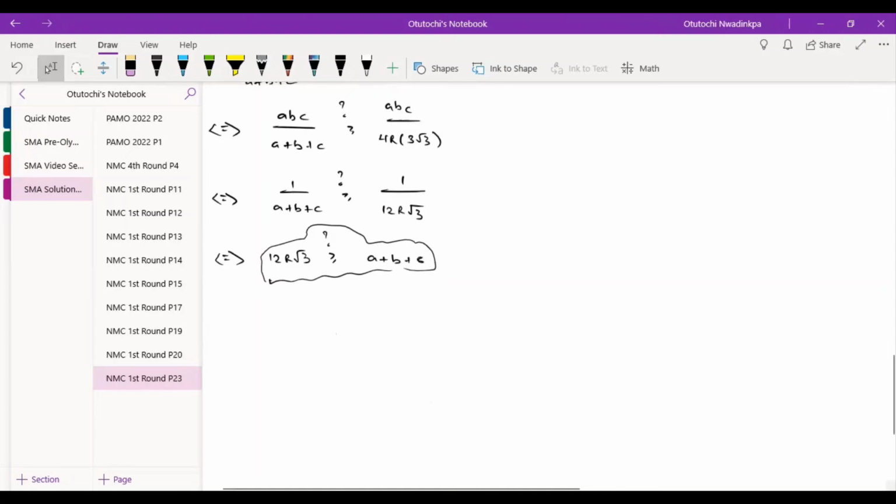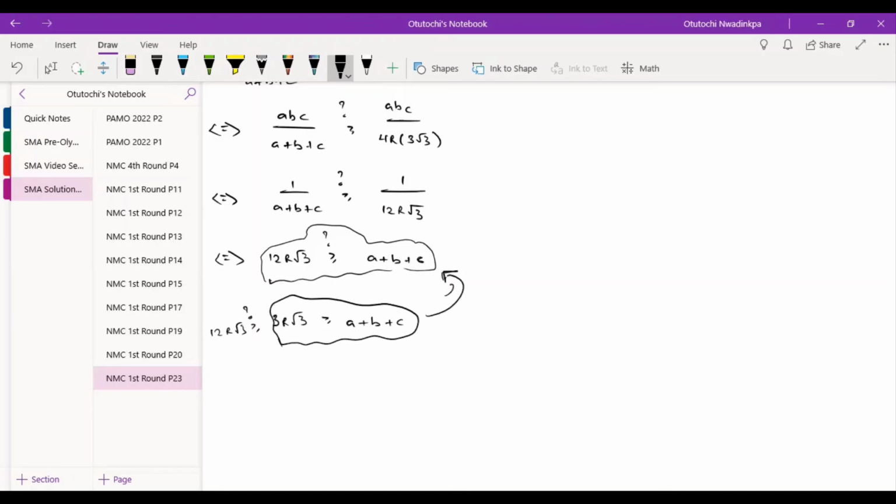So I'll show that 3R root 3 is greater than or equal to a+b+c. This is what I'm going to show now. Of course, 12R root 3 is greater than or equal to this. So if we can show this, then it's going to imply this, right? So basically, this is what I'm trying to show.